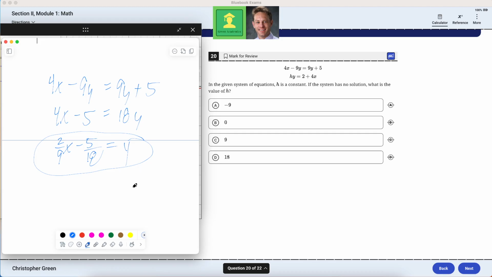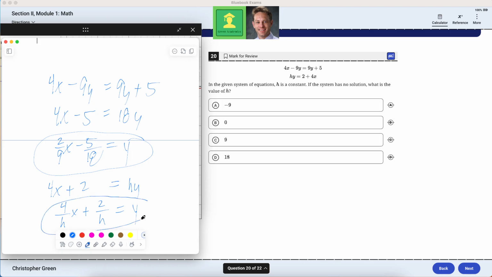The other one, when I go to solve for y, I know I'm going to flip left and right here because I happen to have written it this way. I divide everything by h. So this is 4 over h as the coefficient in front of the x plus 2 over h.